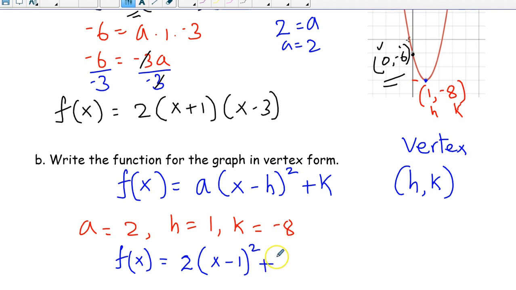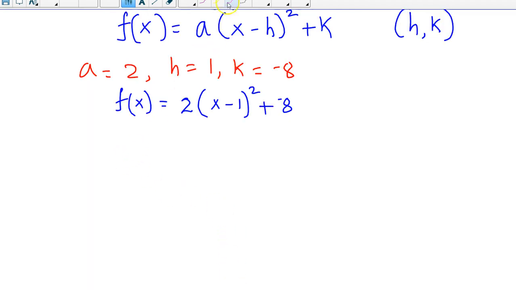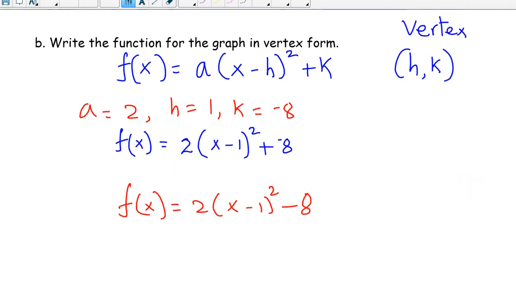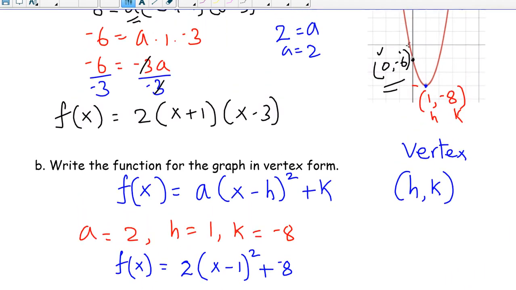So plus k is -8. Further, if you want to simplify, you can just write f of x is equal to 2 times (x minus 1) whole squared, minus 8. This is the vertex form of the same function whose graph is given to us already.